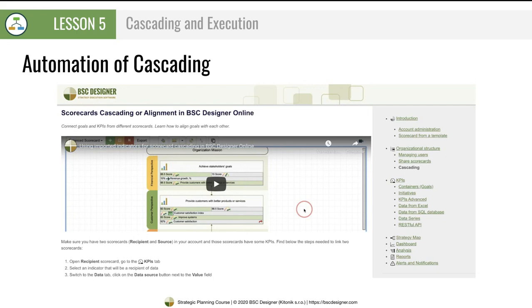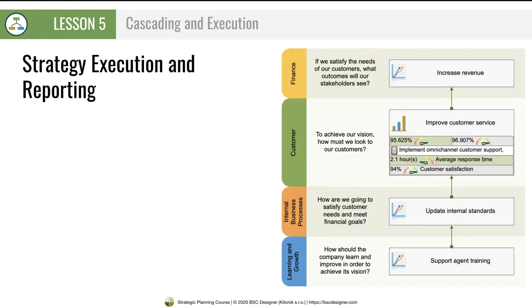How does cascading work in practice? If you use automation software like PC Designer, then it is easy. I recommend checking out the training video in the appropriate section of the user manual to learn more about the necessary steps.